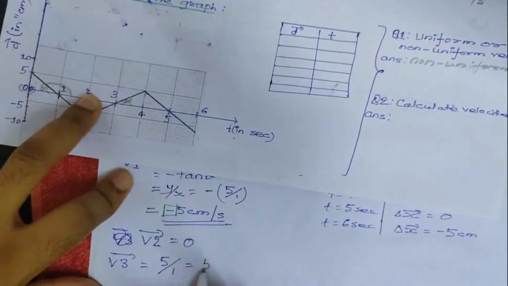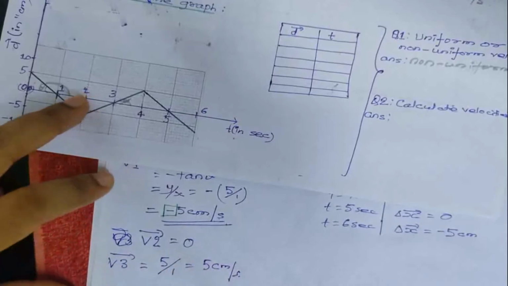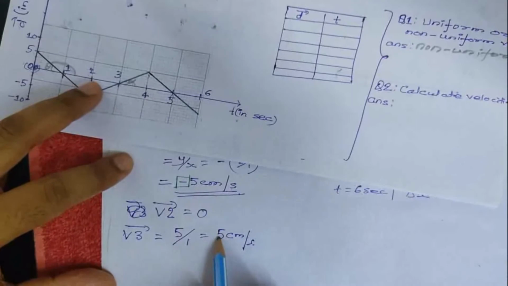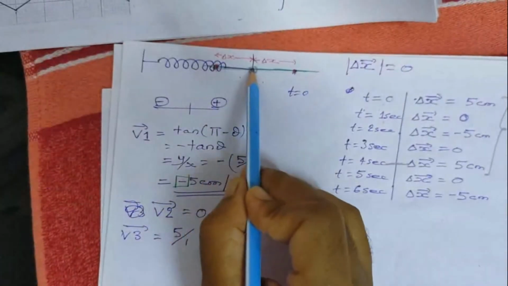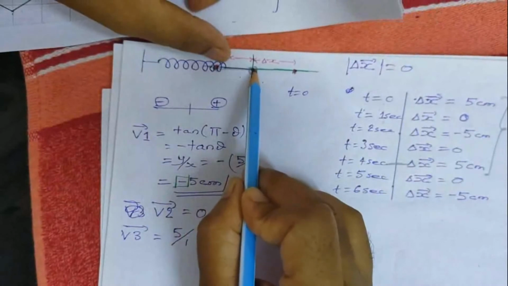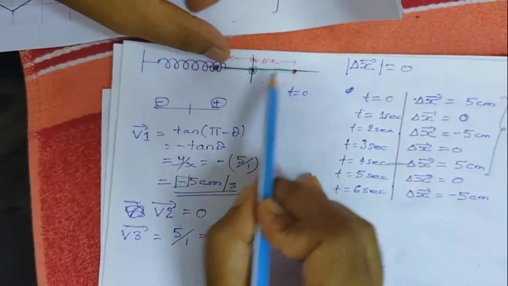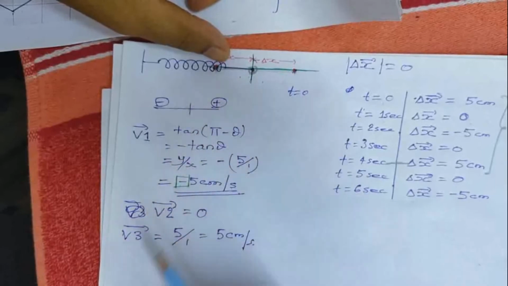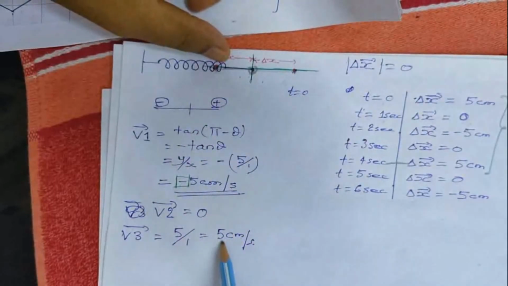It is coming out to be plus 5 centimeter per second. Now again, you may ask why it is not minus 5. So after reaching this point, the open end has a tendency to move rightward. That means positive direction. So that's why it is coming plus 5 centimeter.